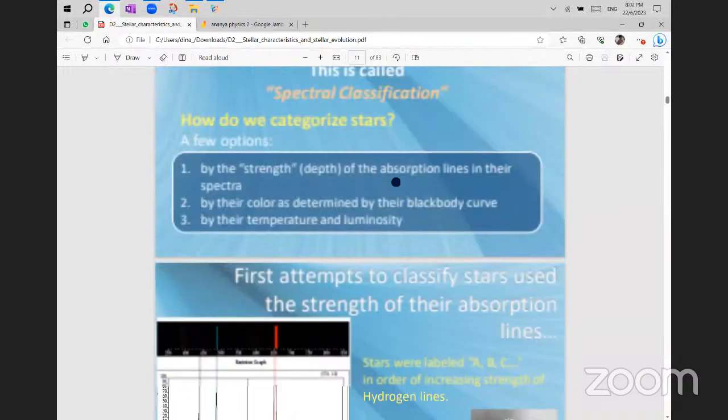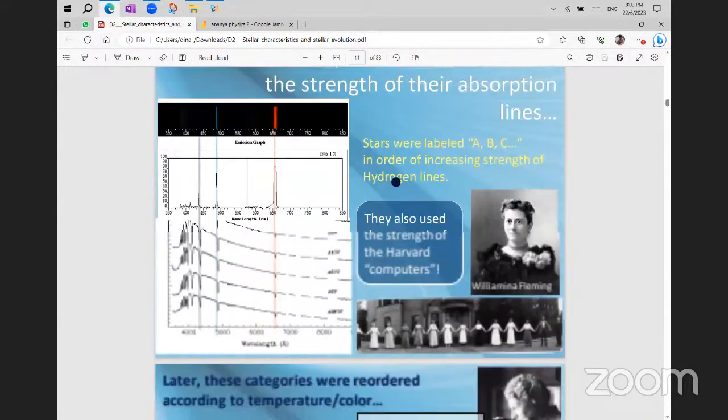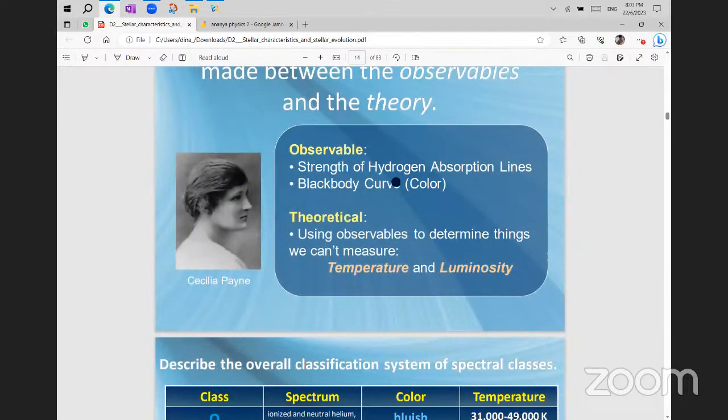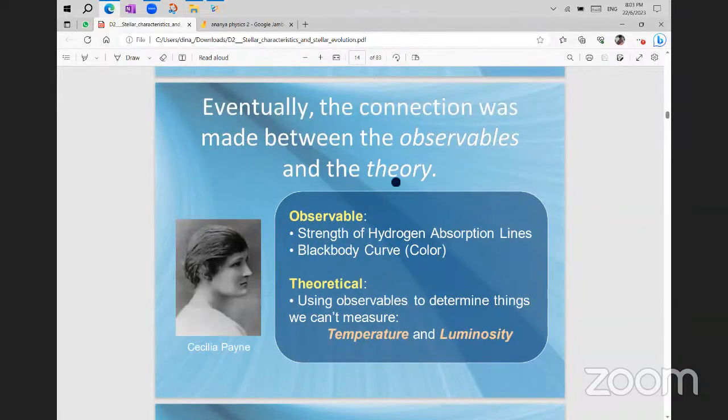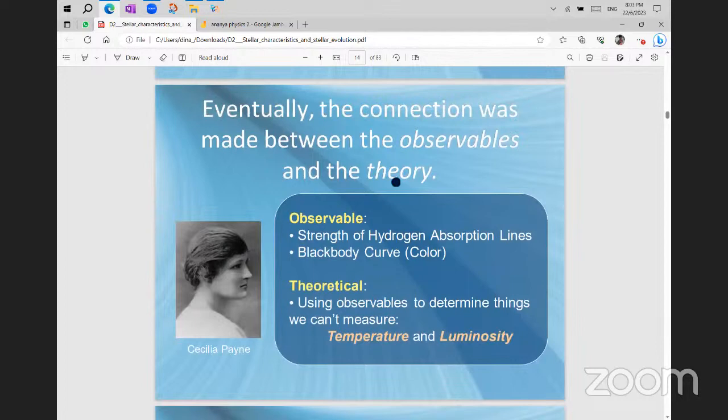Whatever this means, this is the spectrum. I can measure this from Earth, so I'm going to use it to find the temperature. As for the luminosity, actually, I'm going to use the apparent brightness. Okay? So far, so good.